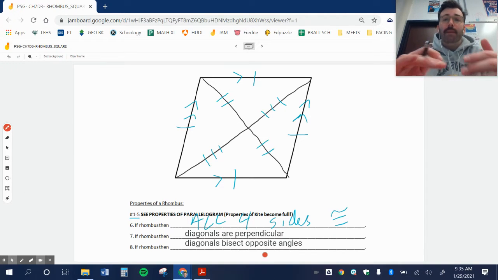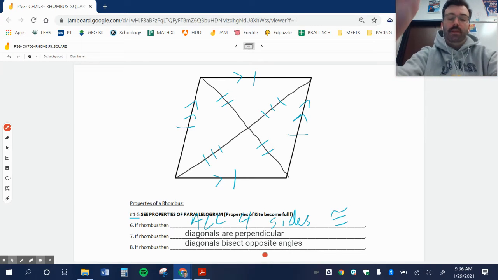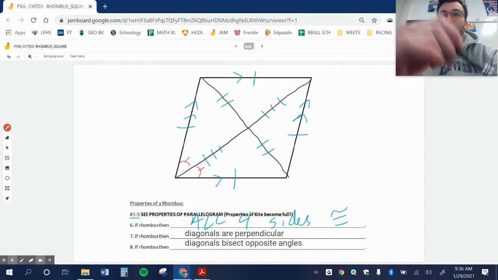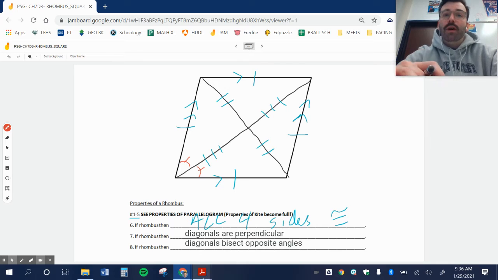Diagonals bisect opposite angles. So not only are the opposite angles congruent, but they're bisected. How are we going to mark that? We're going to mark that like this. I know that this piece has to be congruent to this piece because it's a bisected angle. If this whole angle is congruent to this whole angle here, then I need to mark these 2 pieces the same.